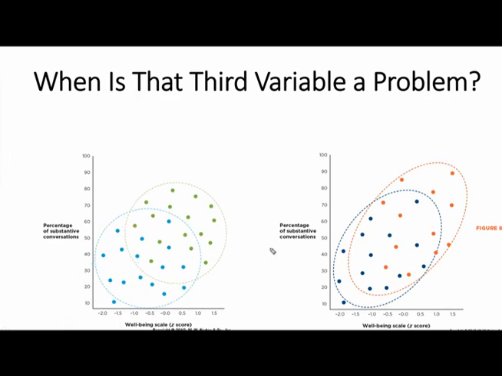Now, if we consider this second case, it's the same data, again, we're just playing with it a little bit here. So the same idea of deep conversations and well-being, and our blue dots are still going to be people with low education, and this time the orange dots are people who are educated. In this case, we don't have perfect circles.